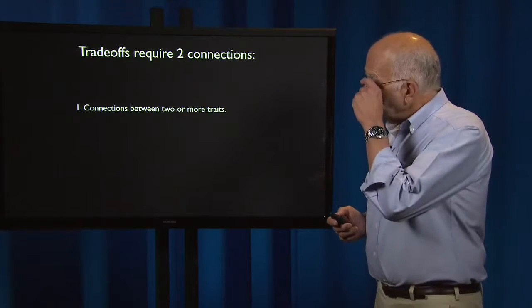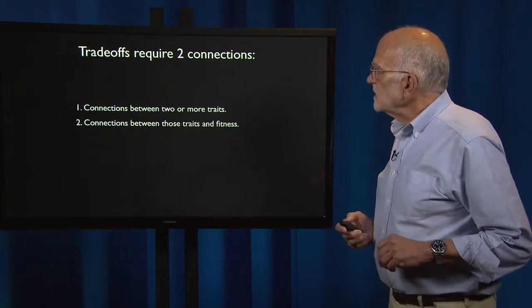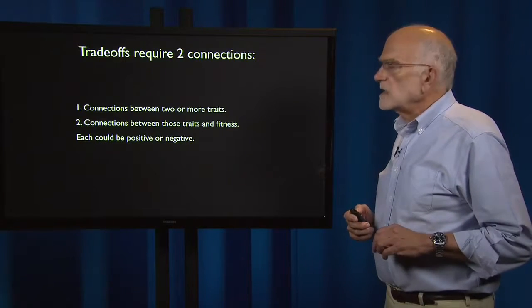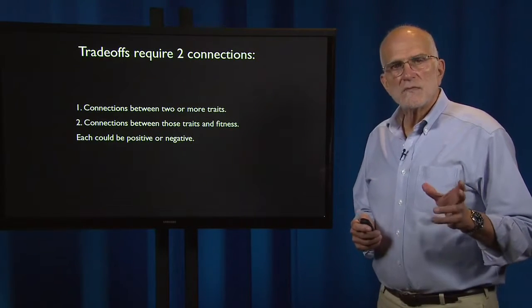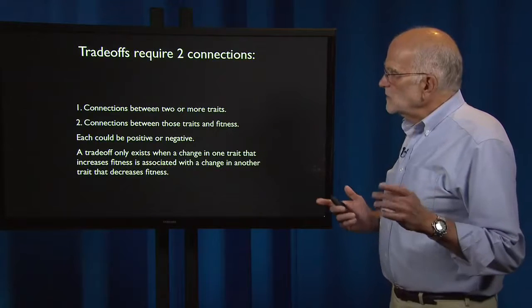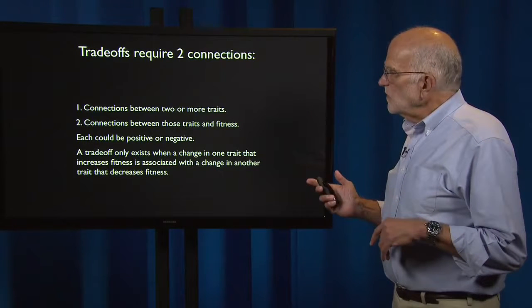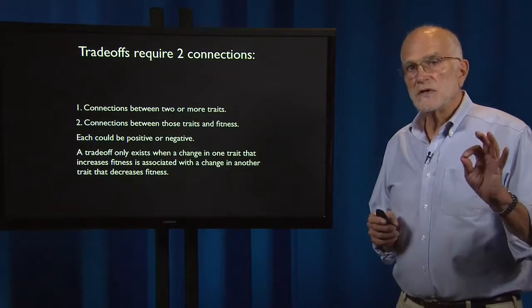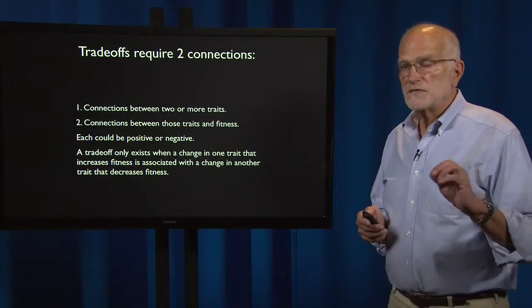One is a connection between the traits. The other is a connection between the traits and fitness. Now, each of these connections could be either positive or negative, and a trade-off only exists when a change in one trait that increases fitness is associated with a change in another trait that decreases fitness.